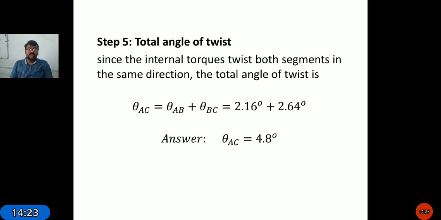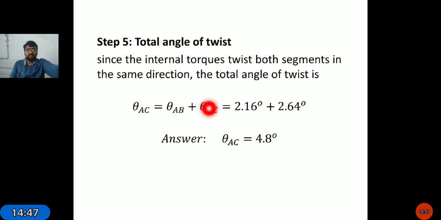Now we are going to calculate the total angle developed in the shaft AC, because it is a series condition. So theta is equal to theta 1 plus theta 2. So the total angle of twist developed in AC is equal to the angle of twist developed in AB plus the angle of twist developed in BC.